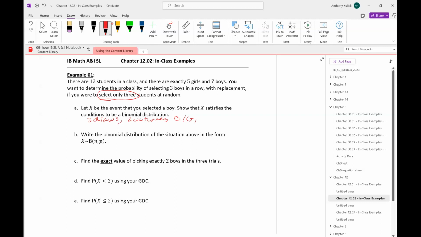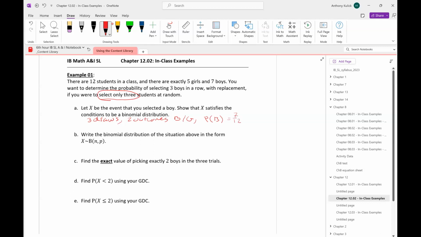The second, or the third thing is that the probability of success needs to be constant. So a success in this case is considered getting a boy. What's that probability? It would be 7 out of 12. Good. And how do you know that that's constant?